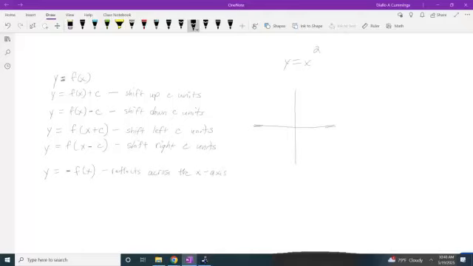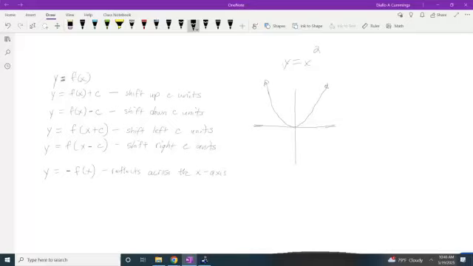If you were to graph that, what shape would it form? A parabola. It's going to form this shape, centered right at the origin. Is everybody okay with that?